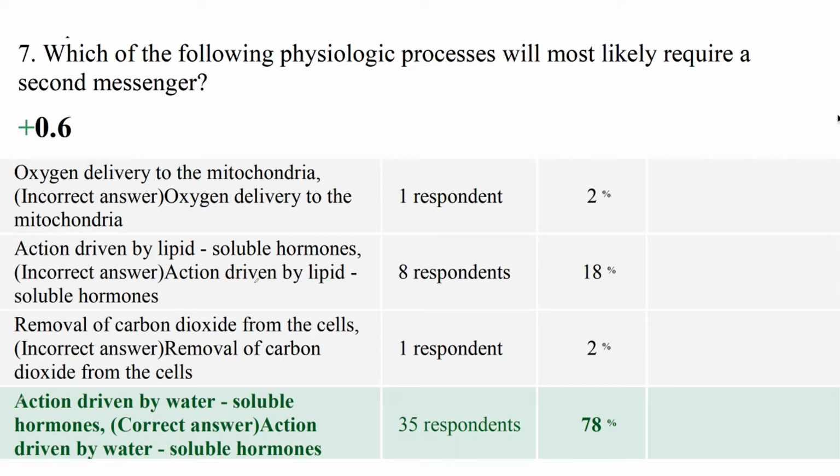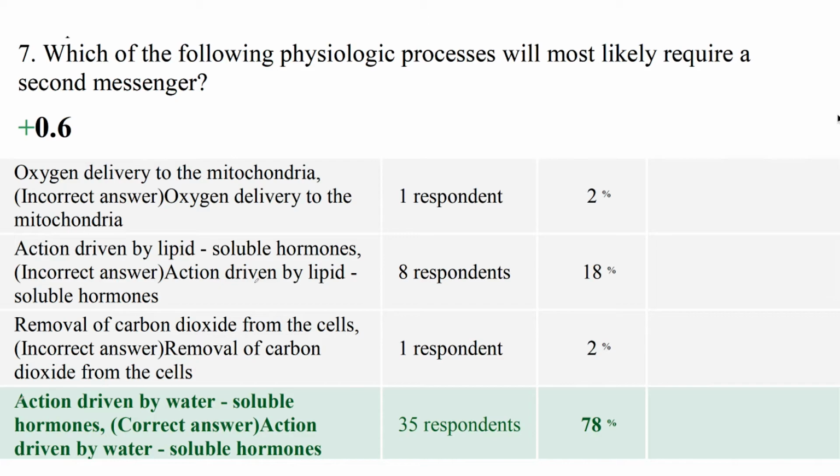Steroid intracellular receptors will only use secondary messengers if they become bound to plasma membrane. And ionic or nicotinic receptors do not use secondary messengers. Oxygen and CO2 typically use simple diffusion and do not use channel transports.